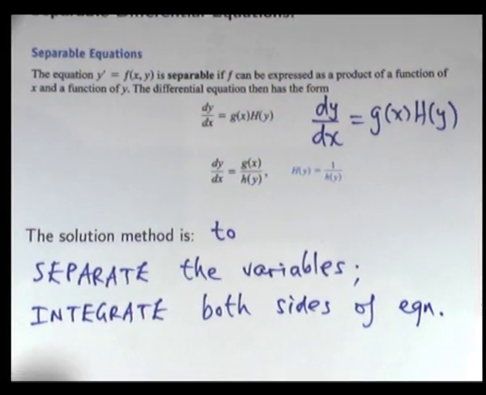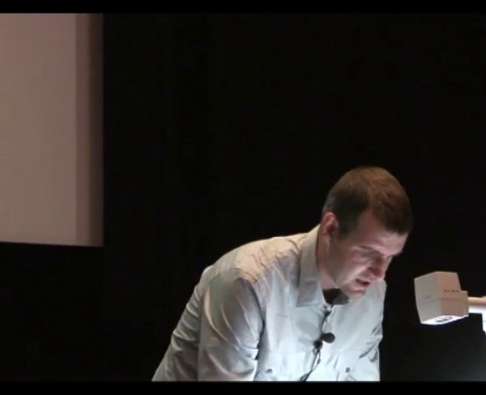We separate the variables, we integrate both sides of the equation, and then there's a little bit of cleaning up to do. All right, so let me give you an example of this separate and integrate type idea.